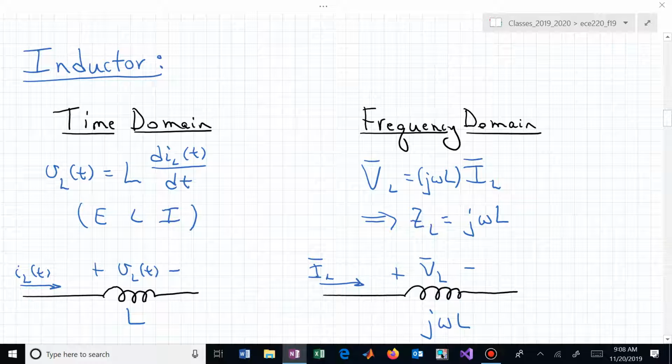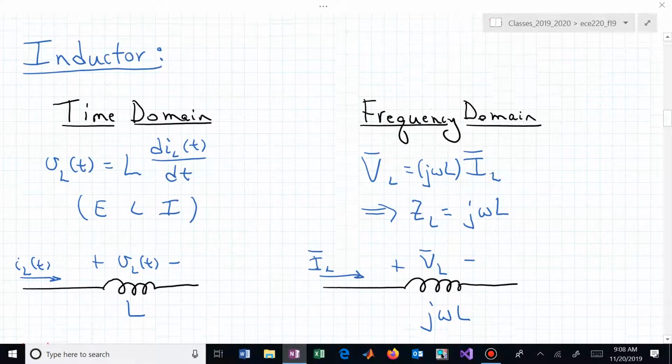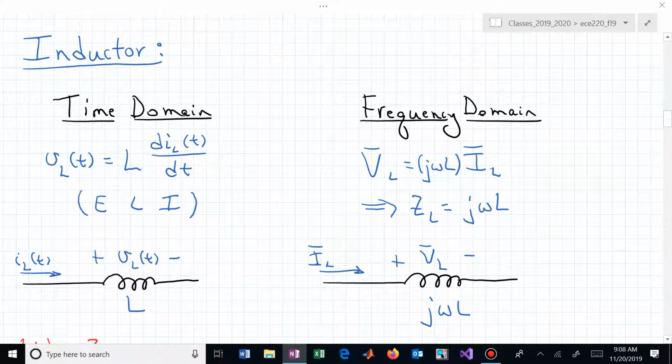We know from ELI that V is equal to L di/dt, and we can show that in the frequency domain that's consistent with multiplying by j omega L. So if you now see an inductor in your circuit and you want to analyze this circuit in sinusoidal steady state, you can go through your circuit and change all of your inductors to have an impedance of j omega L.